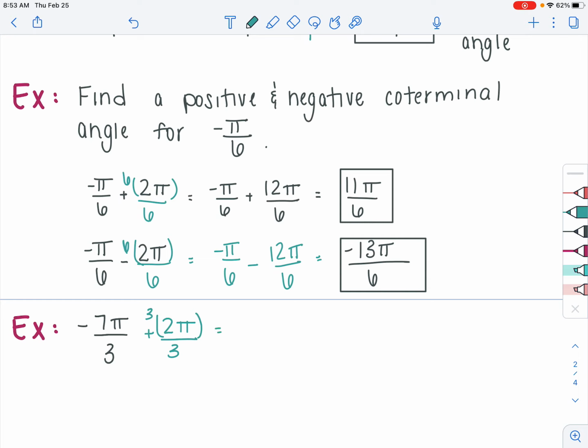And when I do that, I get negative 7 pi over 3 plus 6 pi over 3. And I'm feeling a little uneasy because I'm seeing that negative 7 plus a 6, I already know is going to give me negative pi over 3.